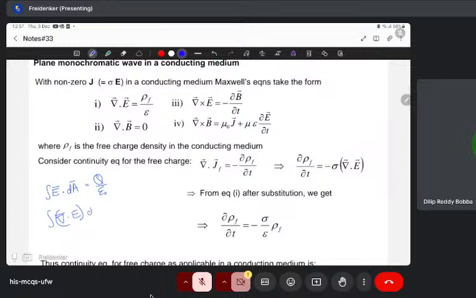This is equal to this one, and Q is equal to the integral of rho d tau enclosed. Therefore, this is equal to this. Okay, fine. Continuity equation. What is this person trying to write?